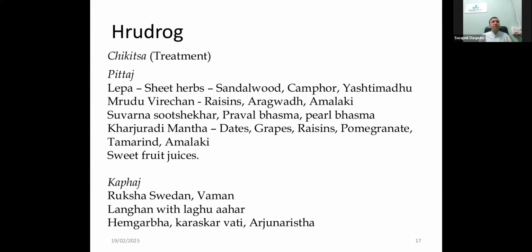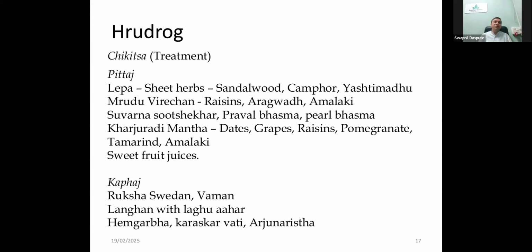So what is Kharjuradi mantha? It is dates, grapes, raisins, pomegranate, tamarind, amalaki. Take these, soak them for 3 to 4 hours, or you can soak them overnight. Then mash and crush them properly. You can grind and blend it as well, and that can be given to the patient.